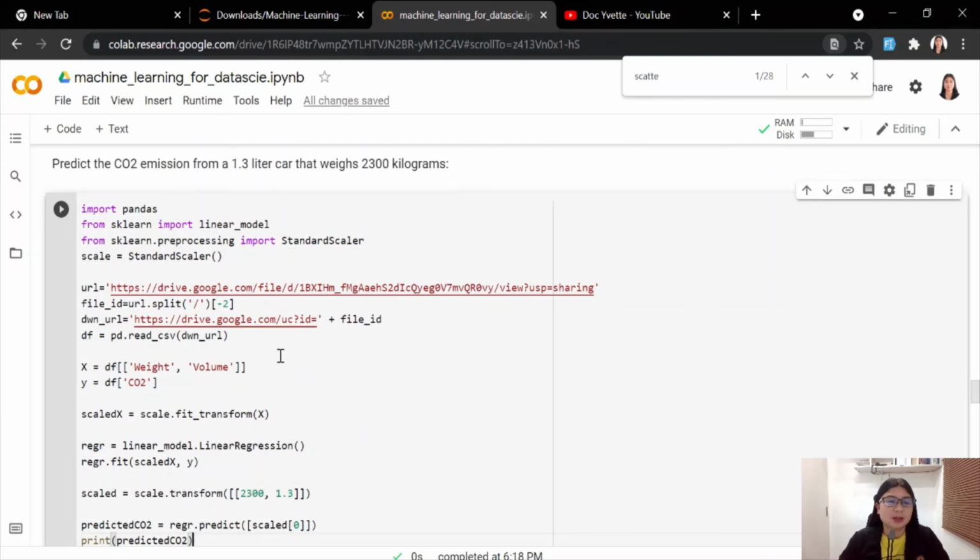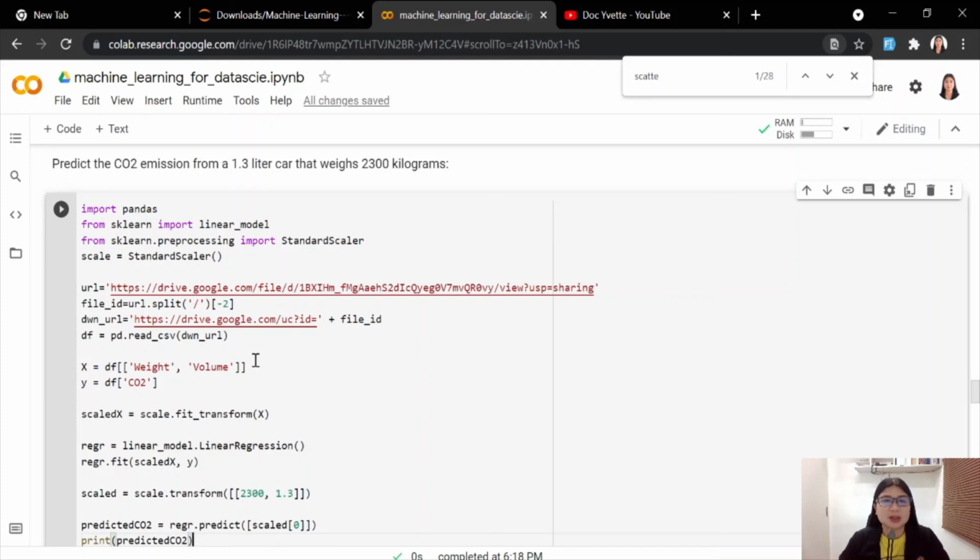So again, scaling is used when we want to compare two different units. We cannot compare them with each other because they are using different units. You cannot compare weight and volume, it is simply not possible.